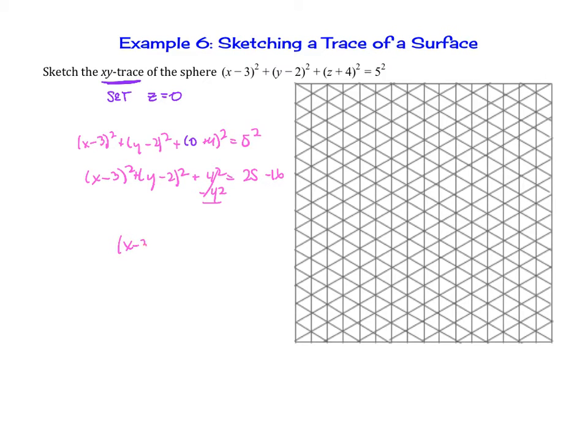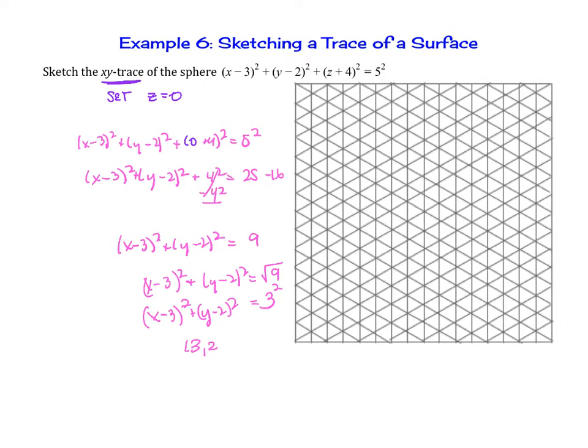So we have x minus 3 squared plus y minus 2 squared equals 25 minus 16, which is 9. So if I wanted to rewrite that just to identify our radius, remember this should be the square root of 9. So that means our radius is 3. So we have our point 3, 2, and then the radius is 3.